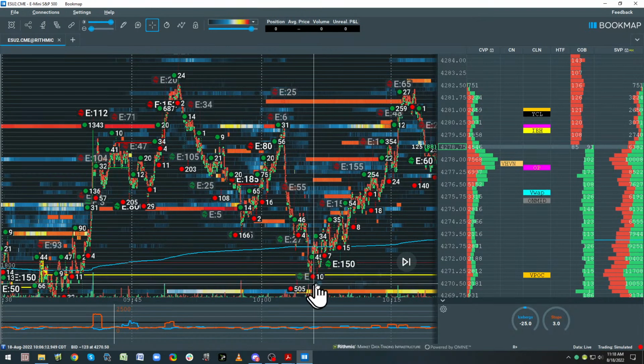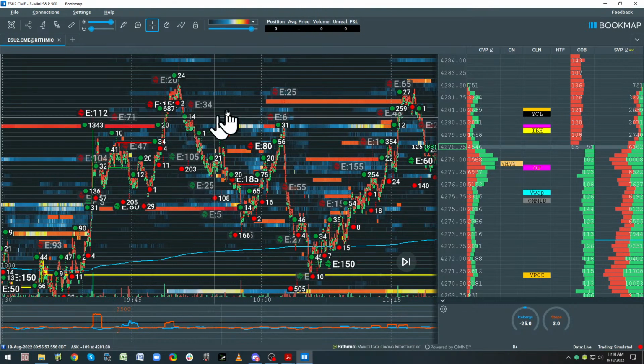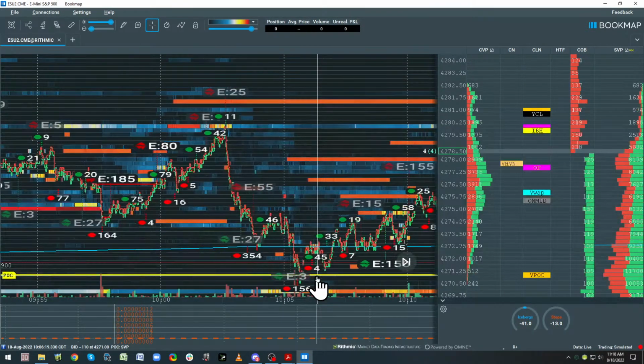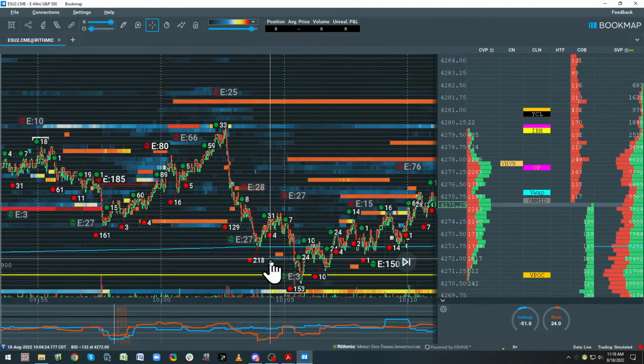Is this logical if you understand mean reversion and if you understand the rotational nature of the market and if you understand where the stops are, which becomes the fuel? See? Any questions on mean reversion before we go on?